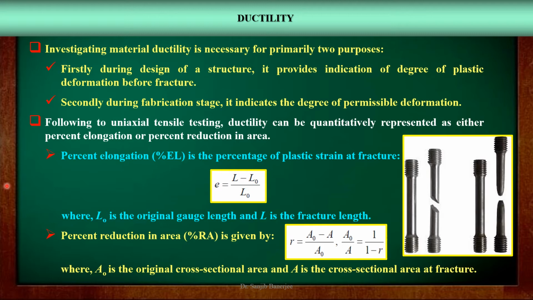Firstly, during the design stage, ductility provides indication of degree of plastic deformation before fracture, which means the more the ductility, the material will give more chances with higher amount of plastic deformation before it actually fails. And secondly, during the fabrication stage, it indicates the degree of permissible deformation.